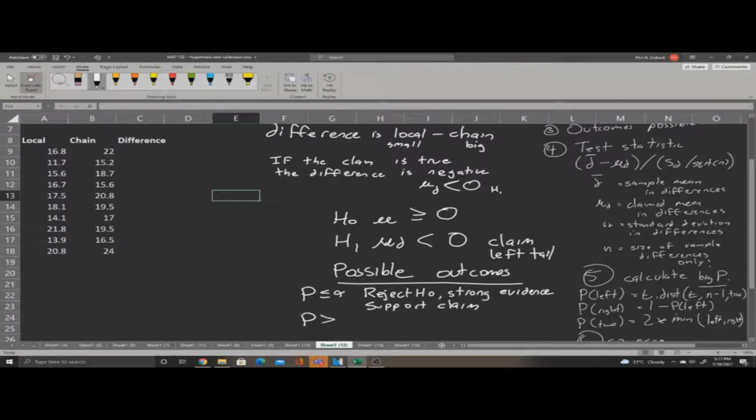However, if big P is greater than alpha, that means we would fail to reject the null hypothesis. And once again, the reason why we would not reject the null is a lack of evidence. This means that we do not support the claim.